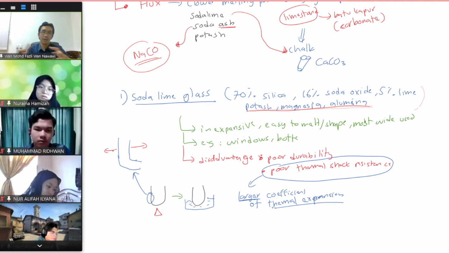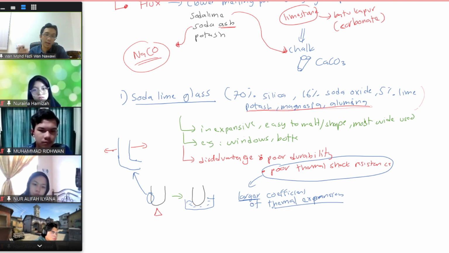So when this happens, and when you do it cyclically, meaning many times, it will induce local stress around the glass itself. So you kembang kecut, habis lah macam tu. So that's why this soda lime glass has poor thermal shock resistance, because it has this large coefficient of thermal expansion.